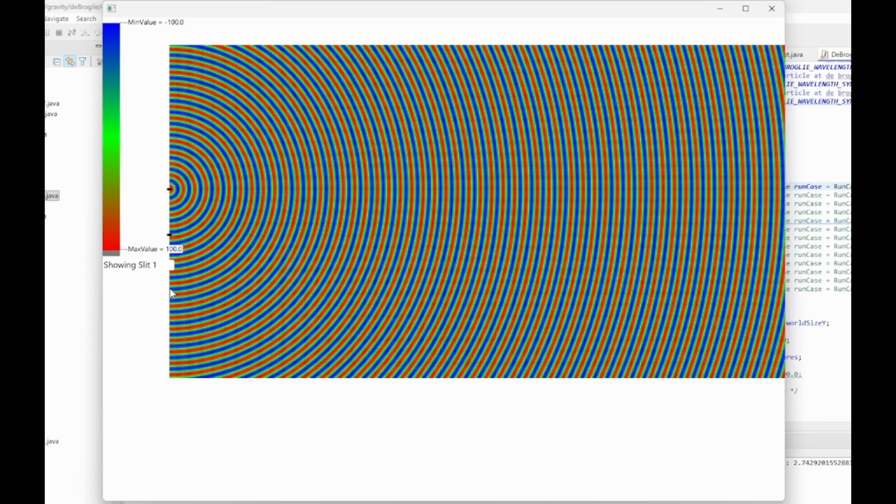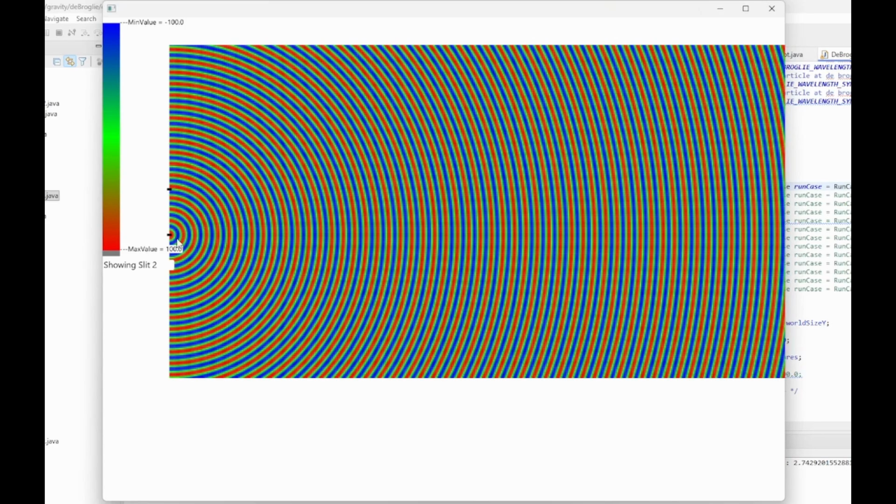Now this is at a constant time, so we don't have the time dependence here as it's not moving, but you can see the top slit has a wave-like pattern emanating from it, then we have a wave-like pattern emanating from the bottom slit.